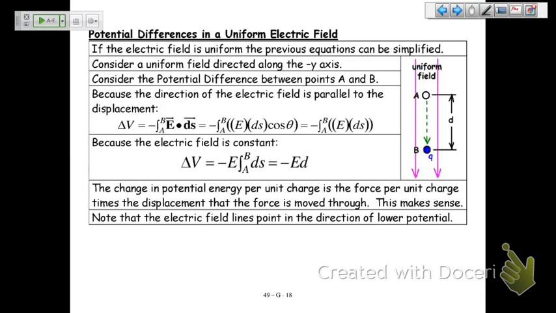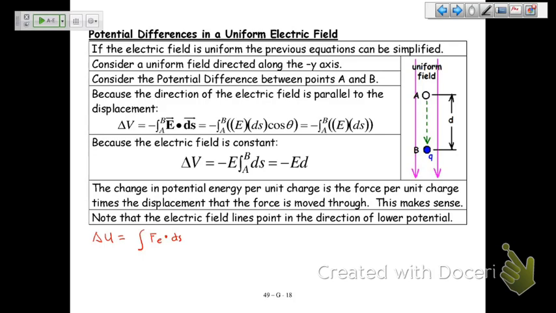But what we say is, if the electric field is uniform, consider a uniform field in the y direction. So there's my y direction. I'm going from A to B, and the separation is D. They give the general form. We said delta U is equal to the integral of Fe dotted with ds.